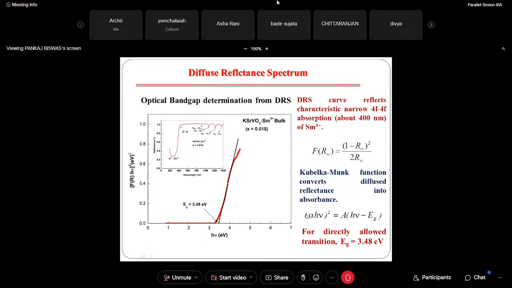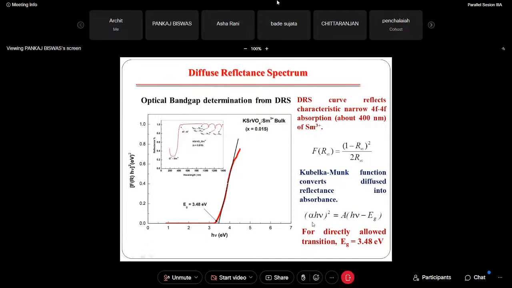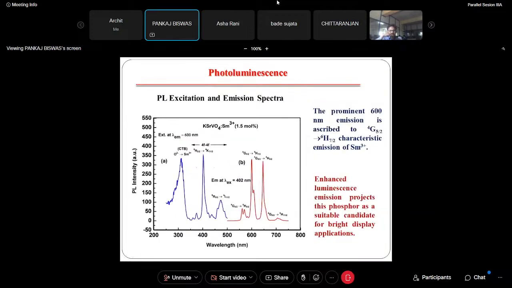The Kubelka-Munk function converts diffuse reflectance to absorption, and using this equation, the Tauc plot was plotted, where for a directly allowed transition, the band gap of the phosphor was found to be 3.48 electron volts, which is quite wide for accommodating the energy levels of the rare earth ions.